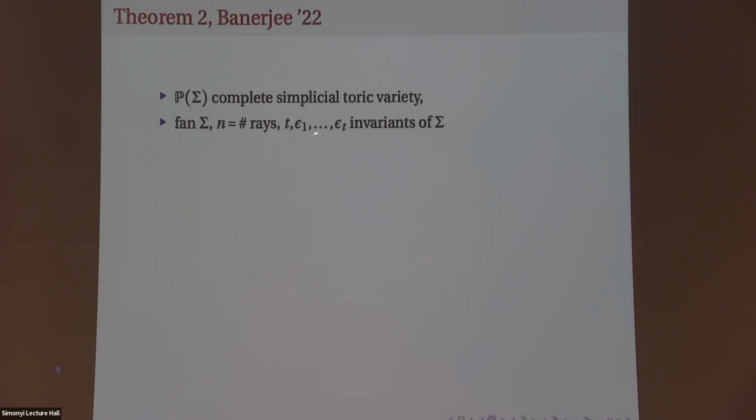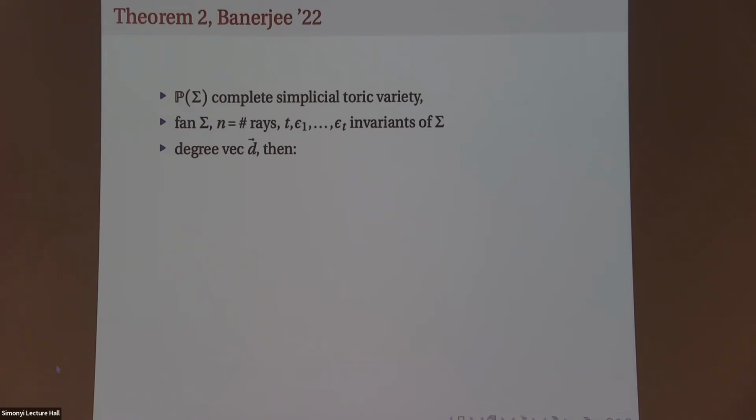T and epsilon 1 up to epsilon t, these are invariants of sigma. What I haven't written here is that T has to do with the number of primitive collections of P sigma, and these epsilons are the size of each primitive collection. If you don't know what that is, just think of it as some combinatorial invariant of the toric variety.